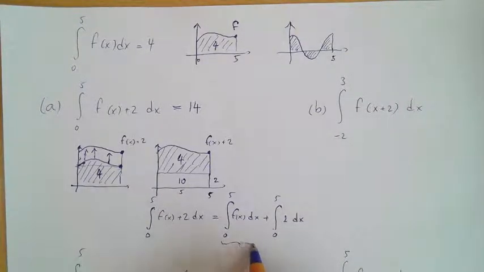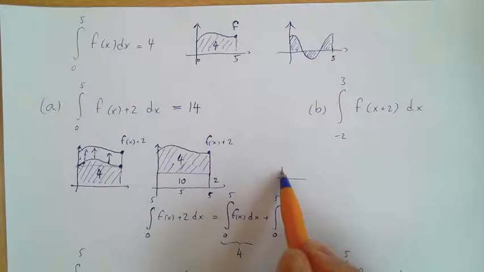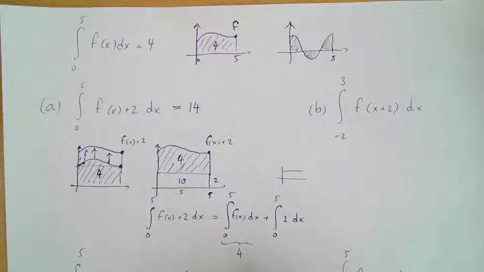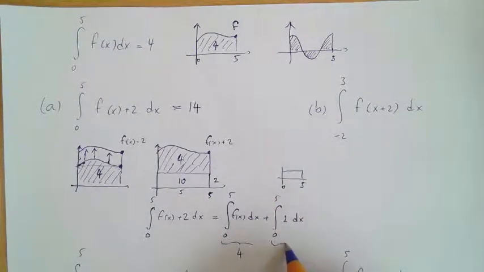Now this is equal to 4, we know it, and this here is a horizontal line at y equals 2 that we are integrating from 0 to 5, so we can easily find that it's equal to 10. You can also say the integral is 2x, so it's 2 times 5 minus 2 times 0. And that also yields a total of 14.